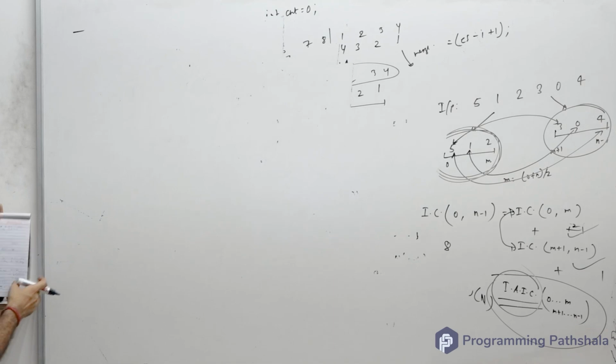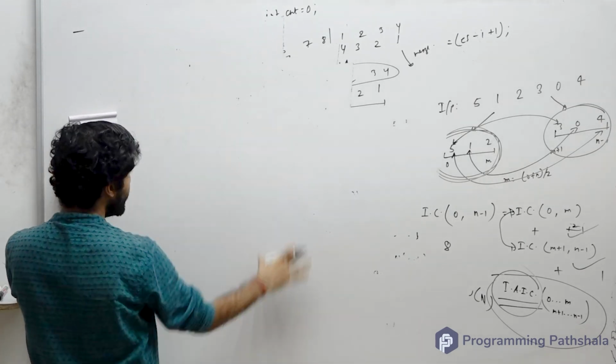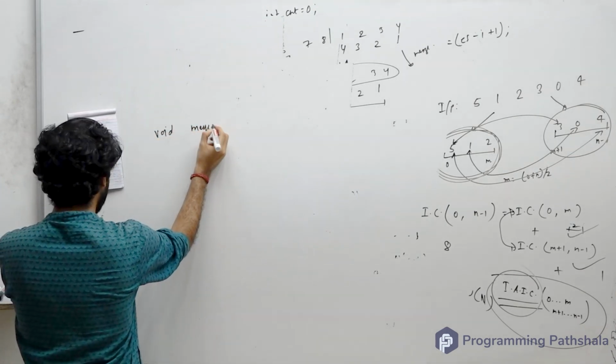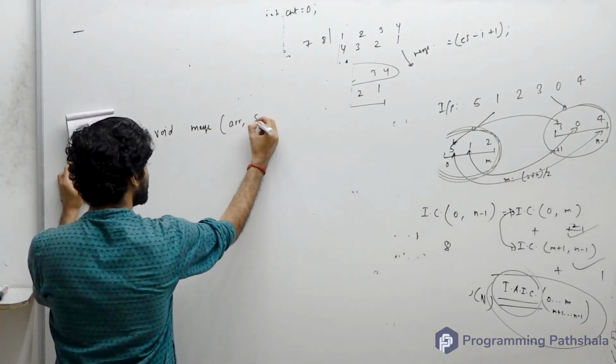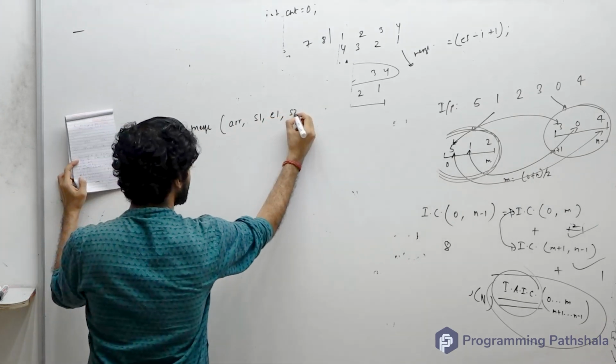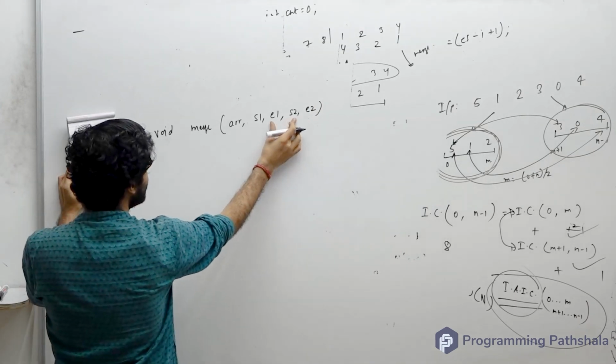inter-array inversion count. So how much code change will come? See, the merge sort code you have to write as it is, but now the merge procedure takes the array S1 E1, which is one sorted segment, and S2 E2, which is another sorted segment. This S2 will always be E1 plus 1.